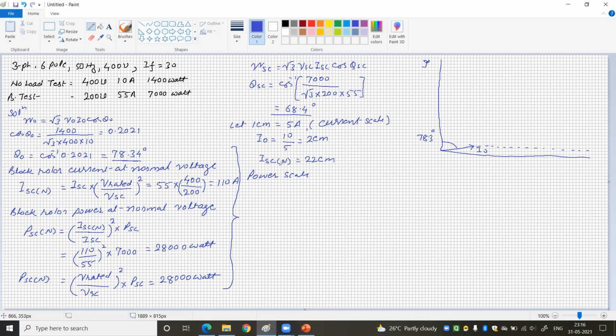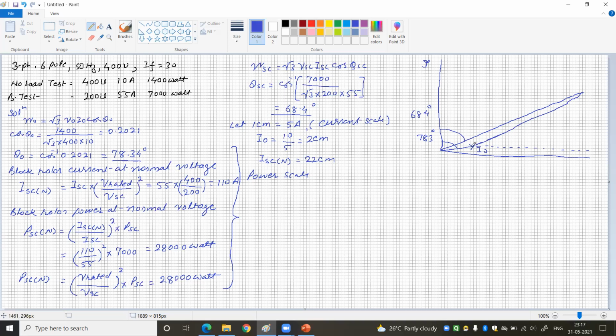Similarly, short circuit current at normal voltage is 22 centimeter, but it is at an angle of 68.4 degree. So here somewhere it is 68.4 degree, and this is equal to 22 centimeter. Join these 2 points.